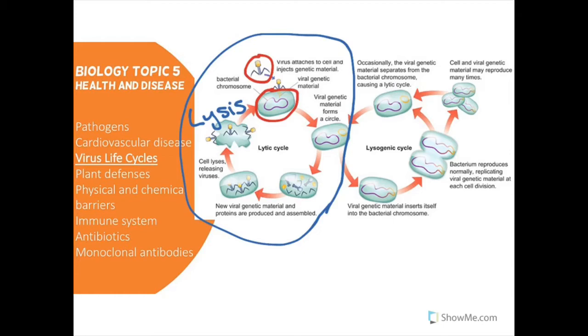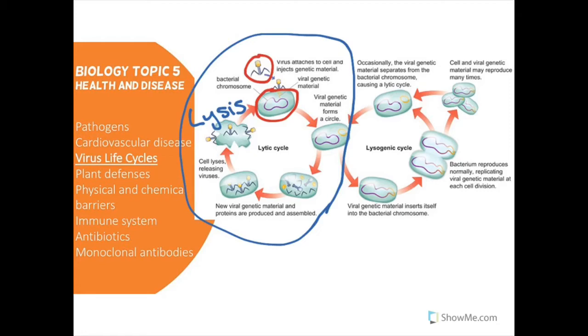If this is HIV, it is going to be a virus which is attacking the human immune system, the human white blood cells. If this is coronavirus, it's going to be attacking human lungs. So different viruses have different host cells, but this thing is the same in all of them.